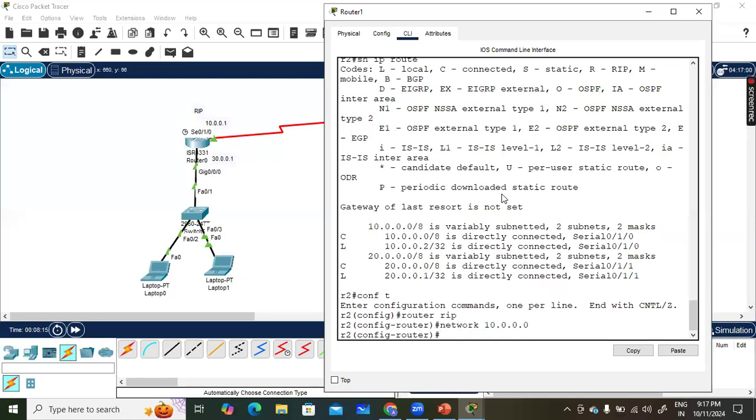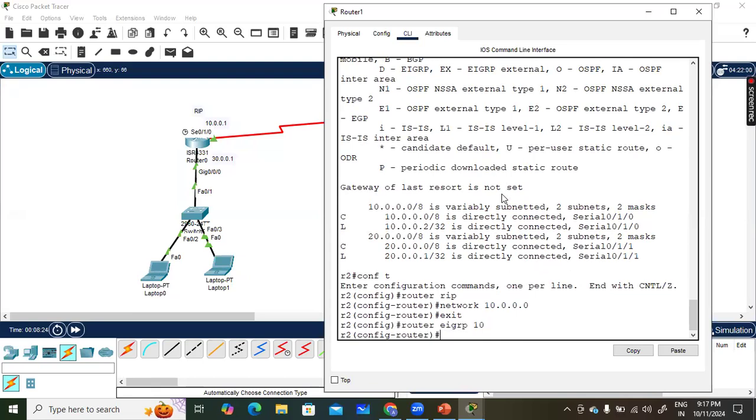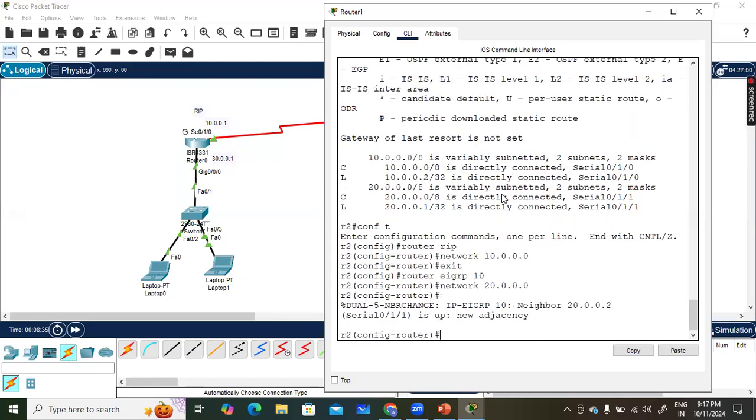Enter and enable. Okay, now press exit and enable router EIGRP autonomous number 10. Enter. Okay, and network 20. Enter. Exit.